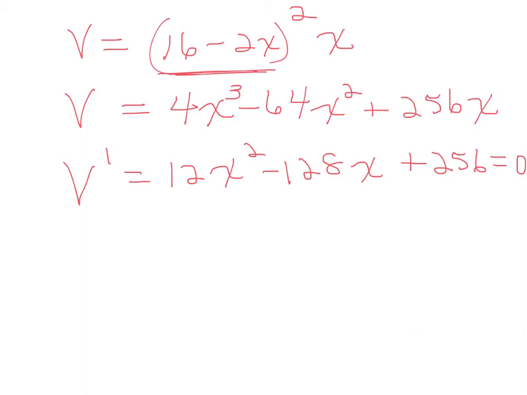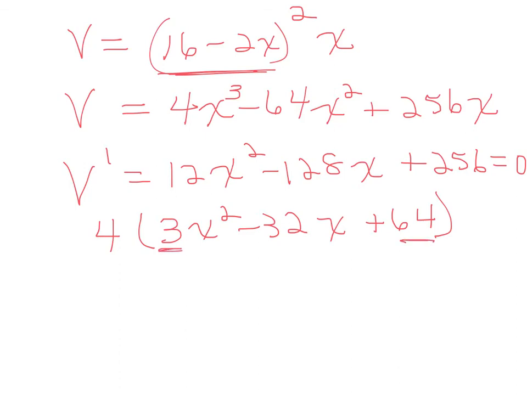So the first thing I'm going to do is factor out a 4, that's the greatest common factor, and I'm going to get 3x squared minus 32x, and let's see, 256 divided by 4 will give me 64, so plus 64. So what multiplies to 64 times 3 and adds to negative 32? So you're going to have to do some hard factoring. Take a piece of paper out and try to do that, and I'll give you a second to think about that.